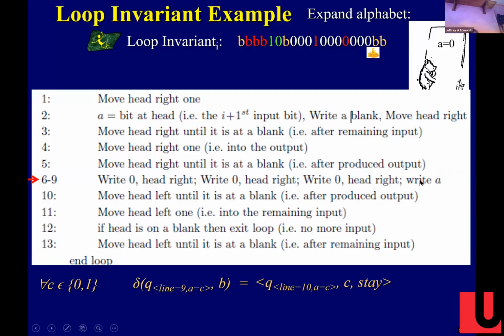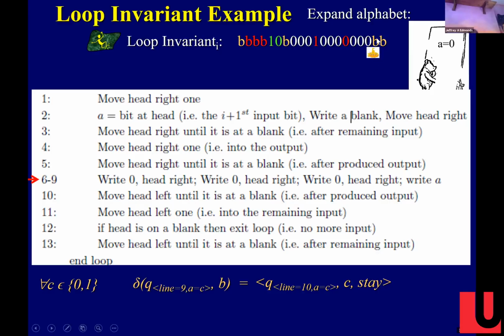Let's forget about the Turing machine. Let's think about the Java program. What does this write A mean? Am I writing into A, or am I writing the value of A somewhere? You're writing the value of A somewhere. And where am I writing it? Wherever the head is. So this value is getting written where the head is, and the head is here.